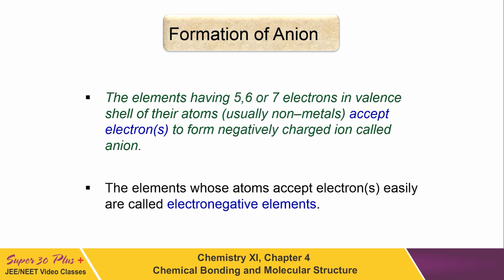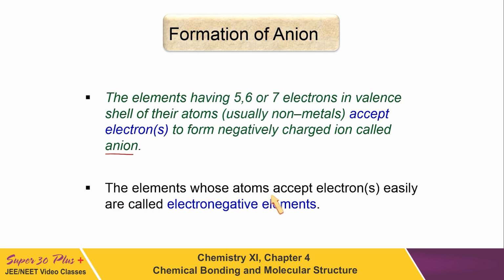So rather than donating 5, 6 or 7 electrons, they have a tendency to accept 1, 2 or 3 electrons, by which they form anion. So they are negatively charged species called anion.